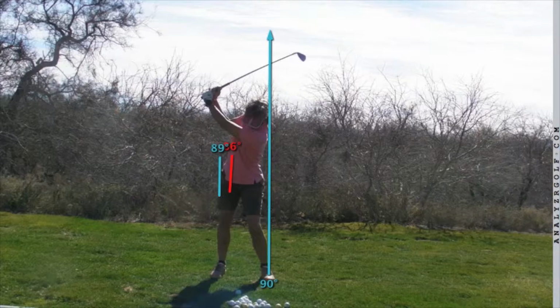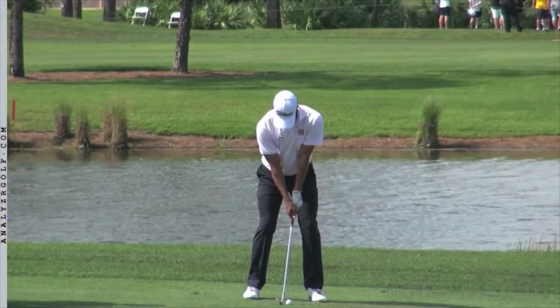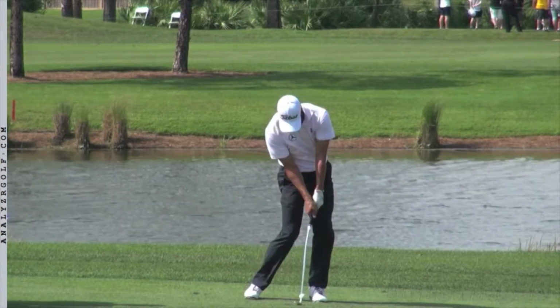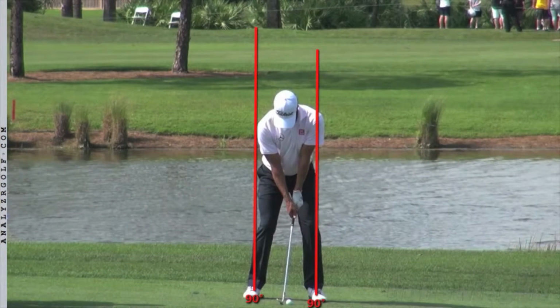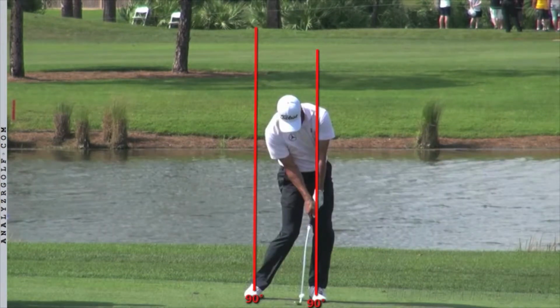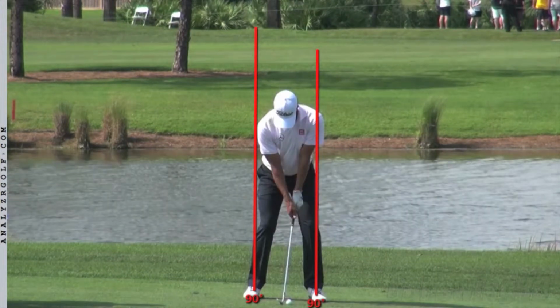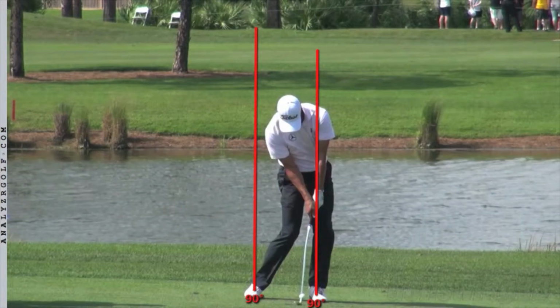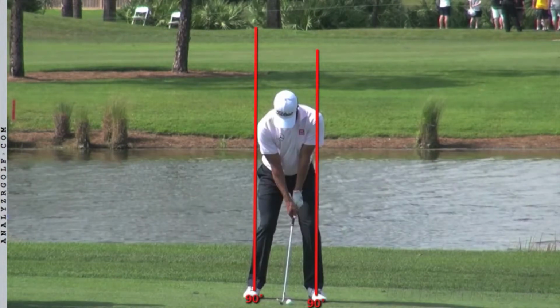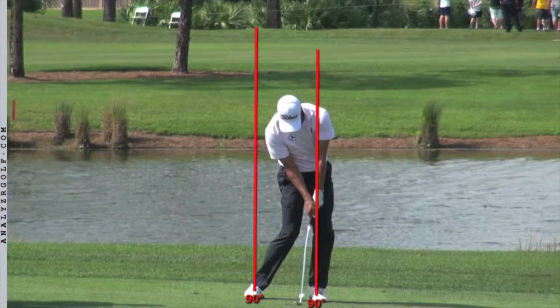This is Adam Scott, and I'm going to show you how his impact position changes from his starting position. I've drawn red lines off the center of both ankles. He's fairly evenly balanced at the setup, but then at impact, you can see how much more weight goes over that left foot.